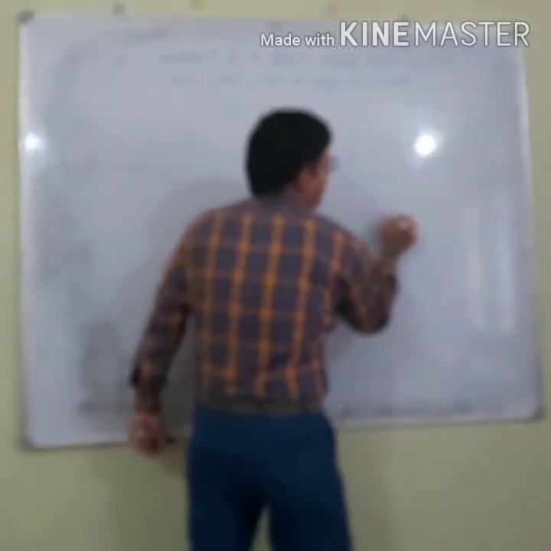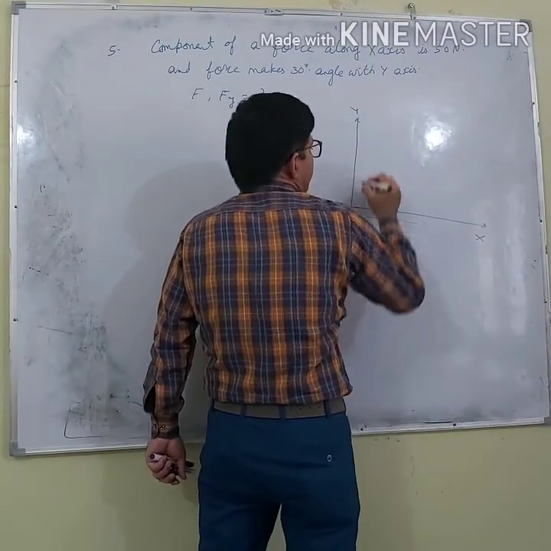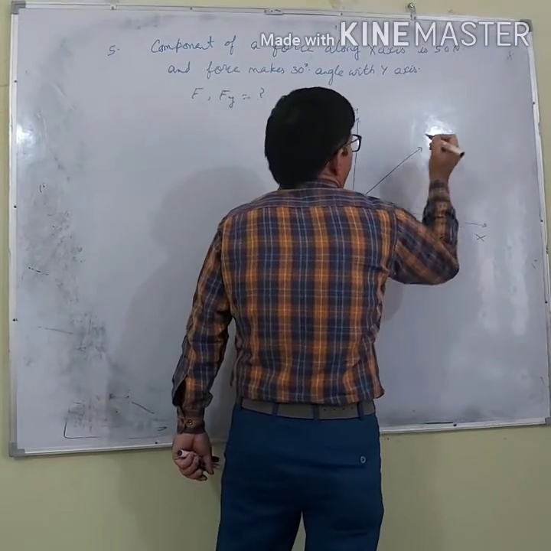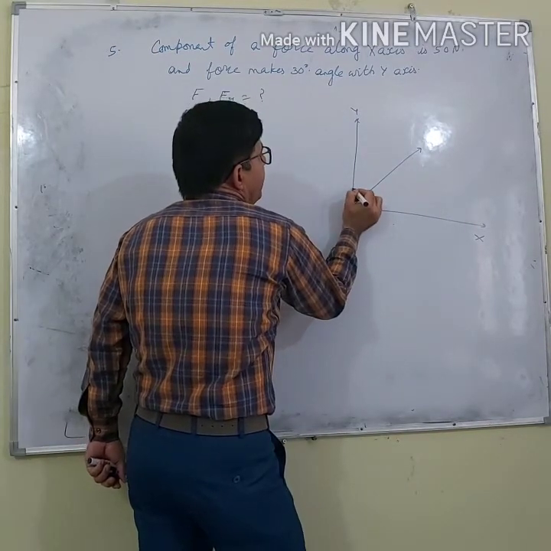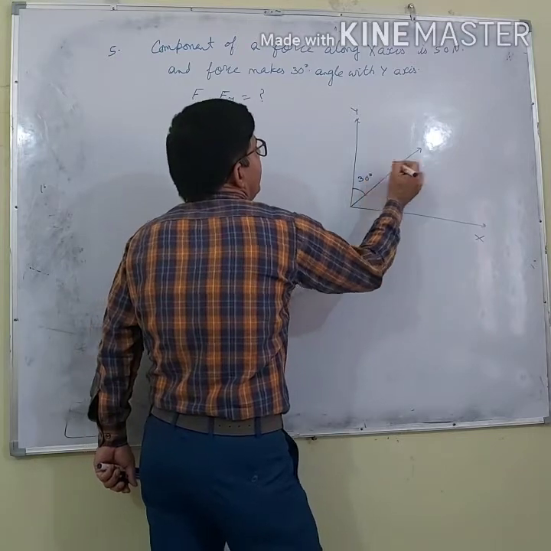So what am I given? Let us say this is x-axis, y-axis. Now this angle is 30 degree.